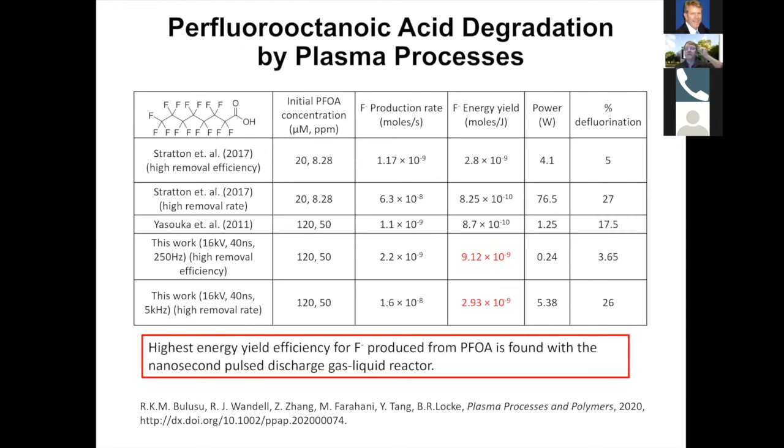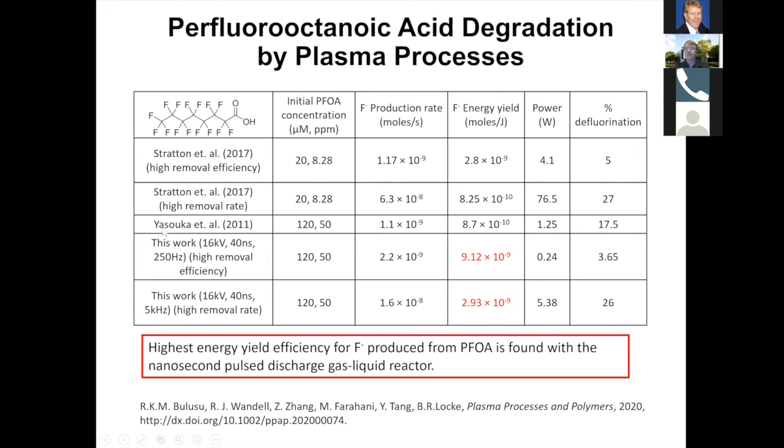So I'm summarizing here our data on PFOA that has been published, and also in comparison to some of the other literature that's out there. There are other plasma processes that are being intensively studied for degrading PFOA, and particularly using this is a little bit different plasma process, the group of Stratton et al. here.